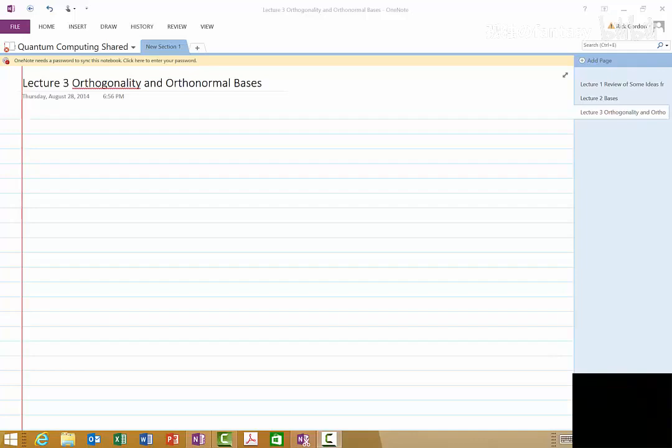I said something along the lines of: find a basis for X, which is equal to the set of all vectors in R3 such that x plus 2y plus 3z is equal to 0.